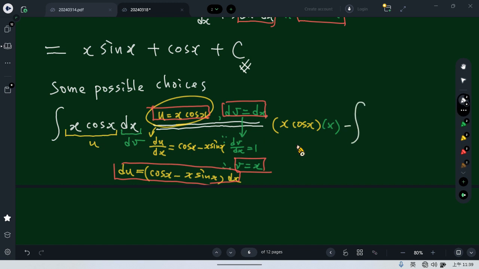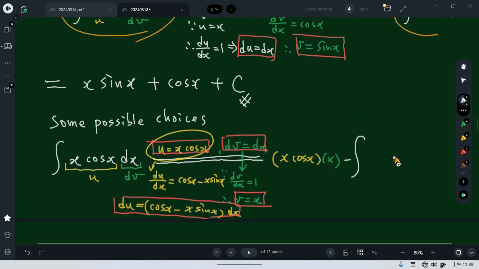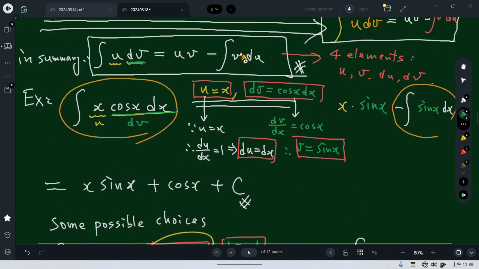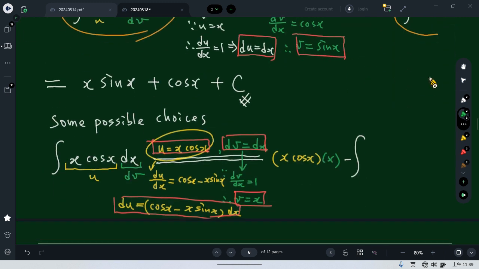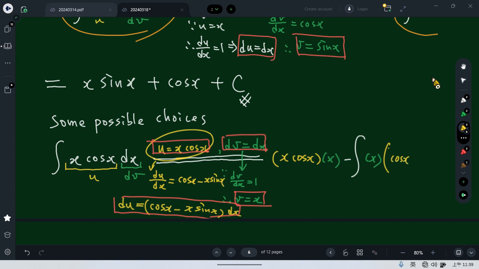Integral v and du. V, then du is cosine x minus x sine x, then dx. So after you convert the integration form from the left hand side to the right hand side, you will see this form becomes much complicated.